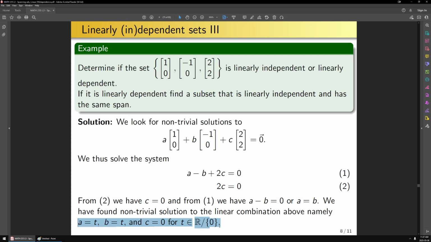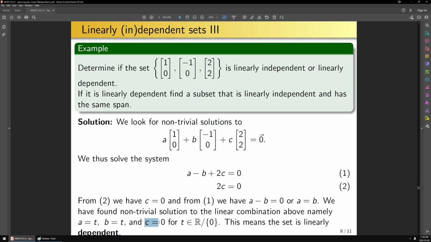So what I did is I introduced this non-zero constant t that is equal to both A and B. Since there's a non-trivial solution, we can say it is very clearly linearly dependent, formal proof. And now if I want to extract a linearly independent subset, we have to be careful which vectors we can throw away, right?